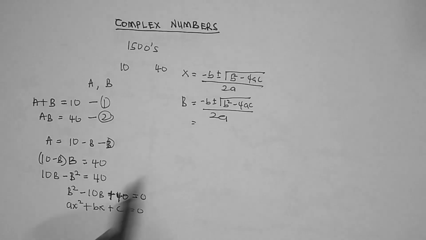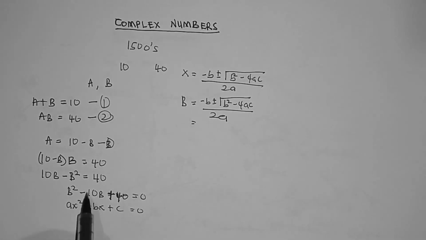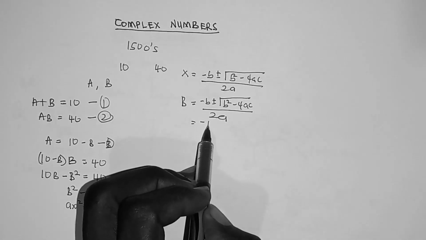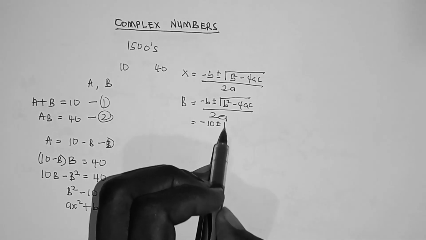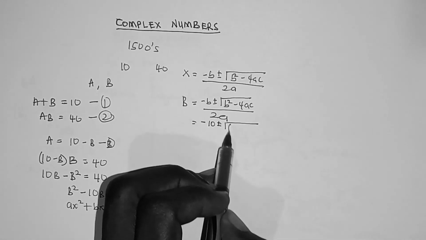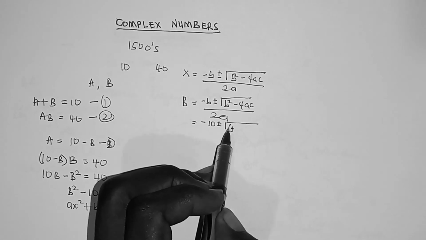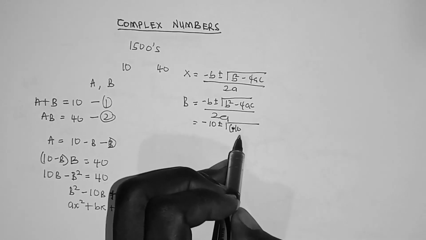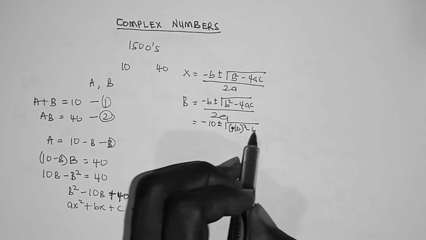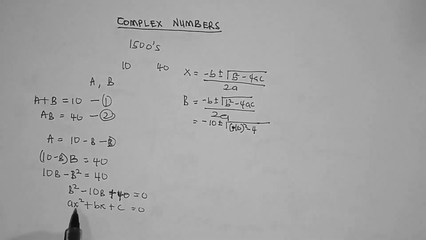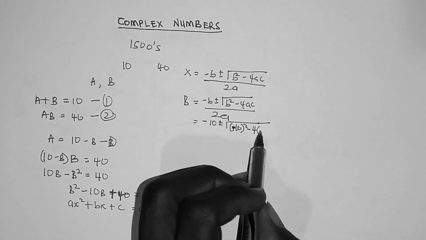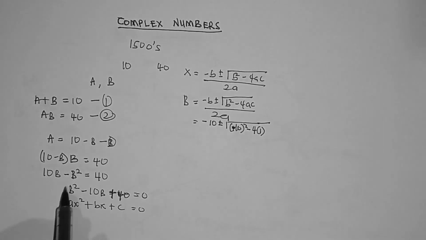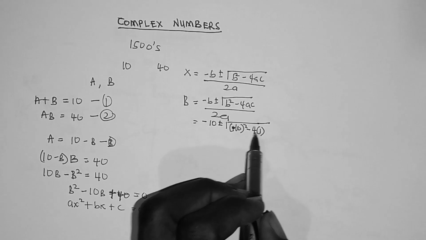So what is b? b in this case is minus 10. So minus minus 10 plus or minus square root of minus 10 squared minus 4 times a. a is the coefficient of B squared, that is 1.